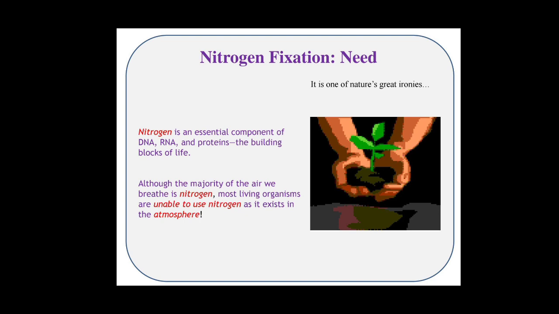As we know, nitrogen is about 80% of our atmosphere. Due to the inertness of the nitrogen molecule and its high bond dissociation energy, most living organisms cannot use the nitrogen molecule from the atmosphere.